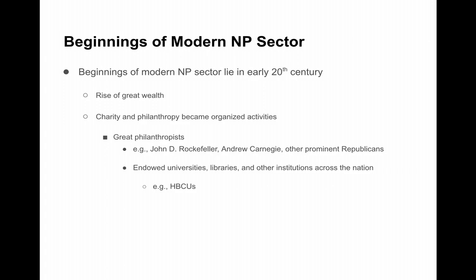For instance, we know all these great philanthropists' names like Rockefeller, Carnegie, etc. Right. And then you also have the endowed money for universities, libraries, etc.